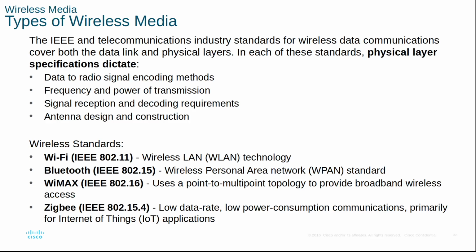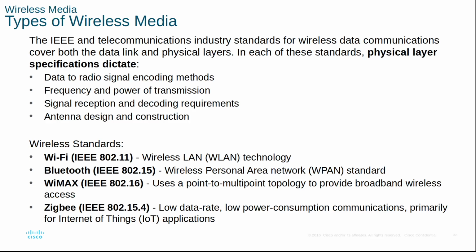You're going to see 802.11, which is an IEEE standard. In fact, if you've picked up a router, you've seen it's 802.11 AC or AX or N or something. That's the revision to that standard, AX being the most recent. Bluetooth, that's 802.15, which is wireless personal area networks. WiMAX is 802.16, and that's a point-to-multipoint topology for wireless broadband.